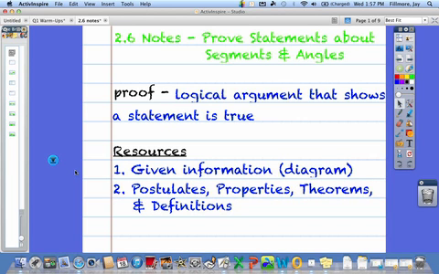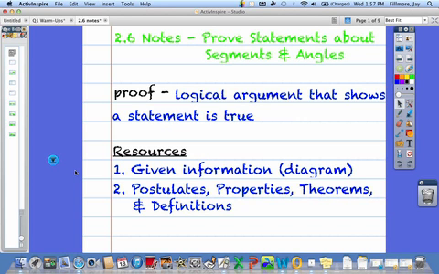Postulates, like we talked about the other day, and properties we talked about in section 2.5. We haven't talked about any theorems yet. Those will be discussed in section 2.7. We have talked about definitions, definitions of congruent segments or congruent angles or perpendicular lines, things like that. We've talked about different definitions that we can use here.